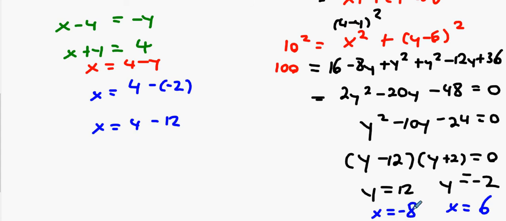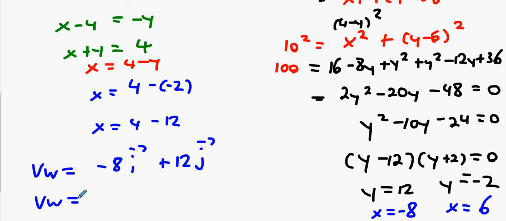So I essentially have two answers here. My first answer is minus 8i plus 12j. My second answer is 6i minus 2j.